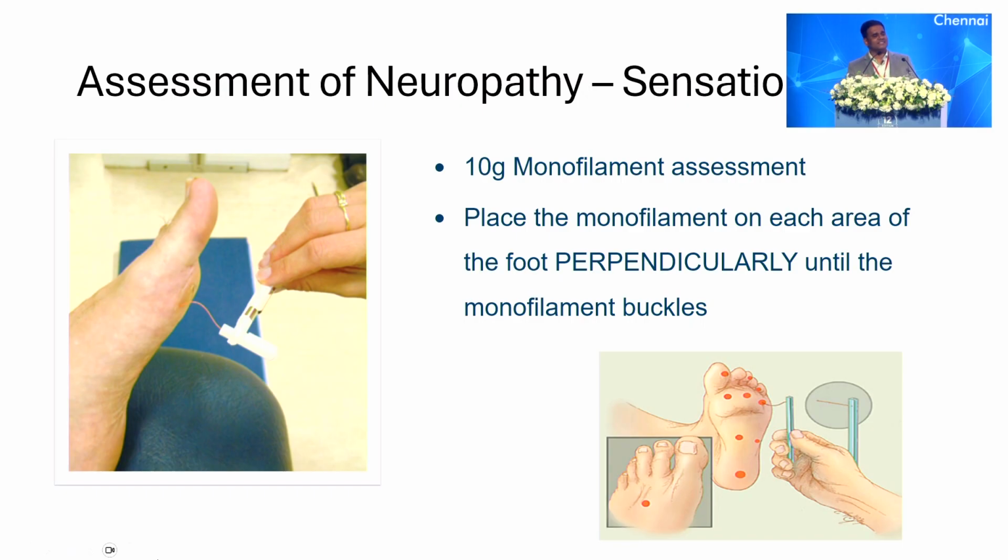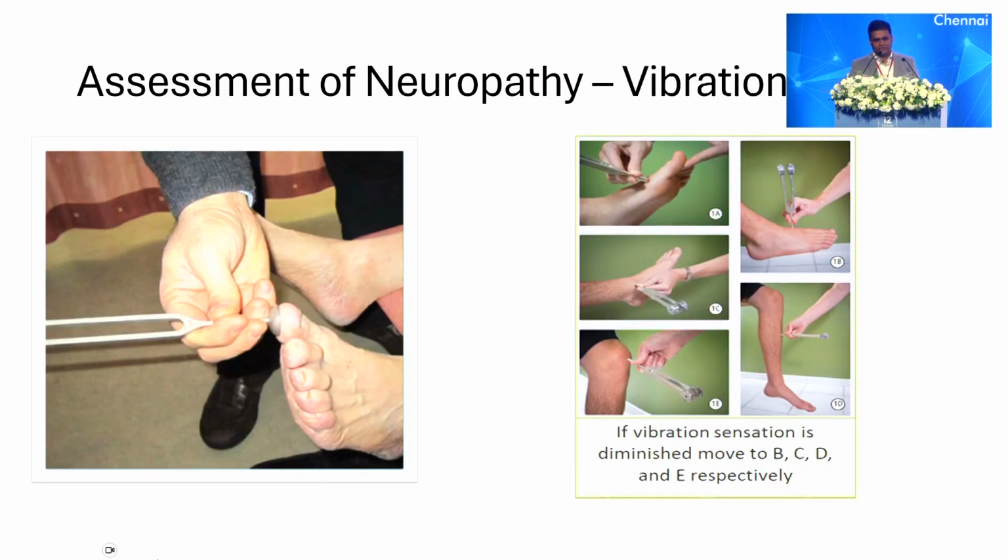Just place the monofilament under the pressure areas, under the great toe, the metatarsal areas, the midfoot and the hindfoot. Push it perpendicularly until the monofilament buckles. Ask the patient whether they can sense the feel.